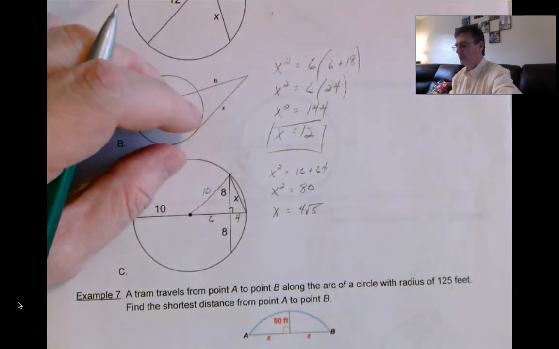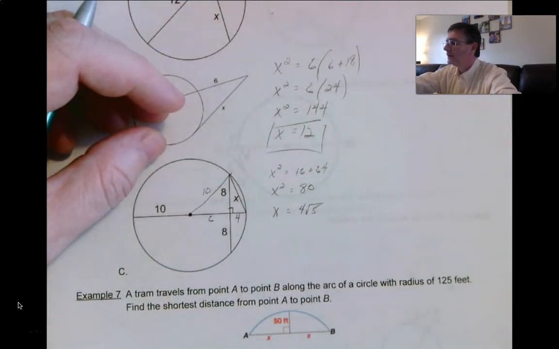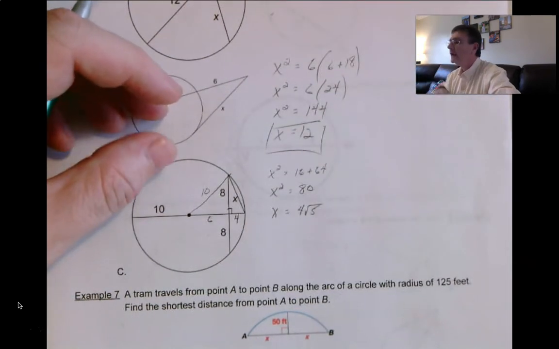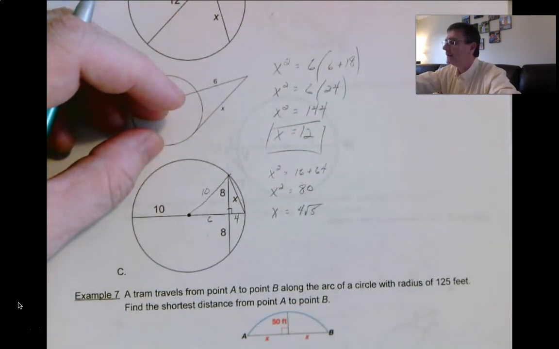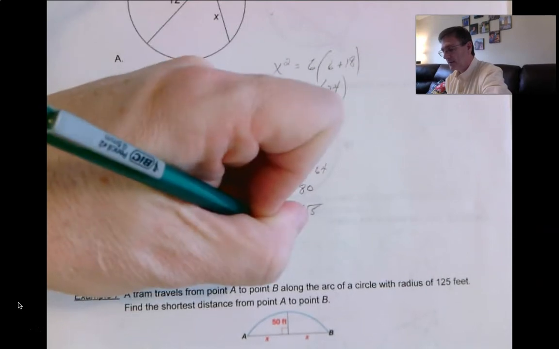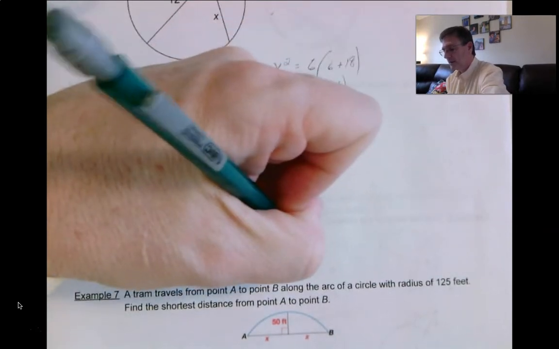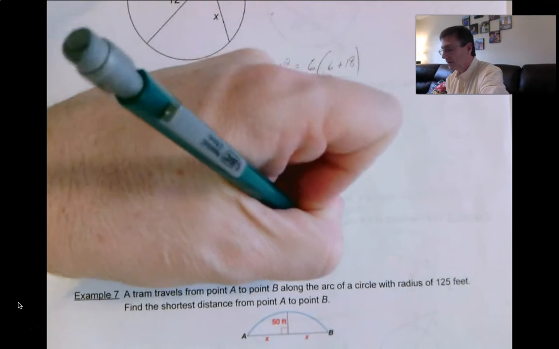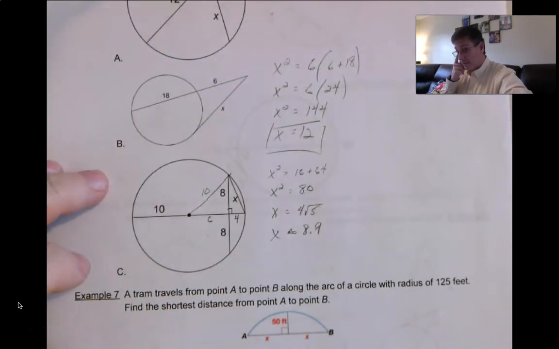It is 4 square root 5, which is approximately 8.9. So x is approximately 8.9, which I believe the answer key has a wrong answer.